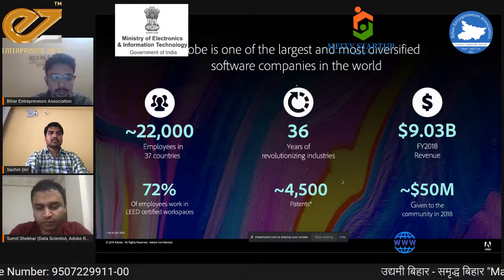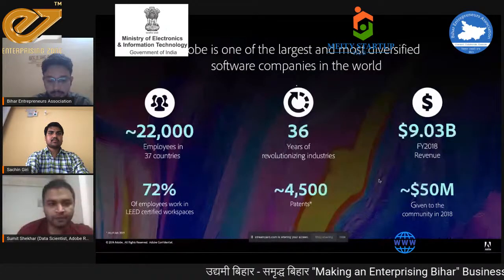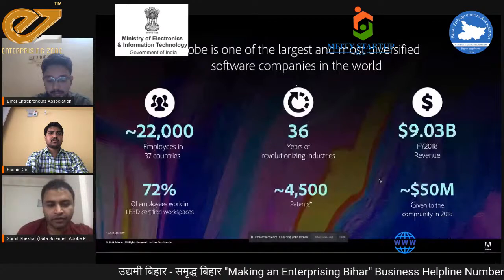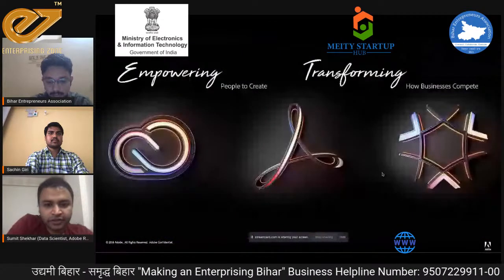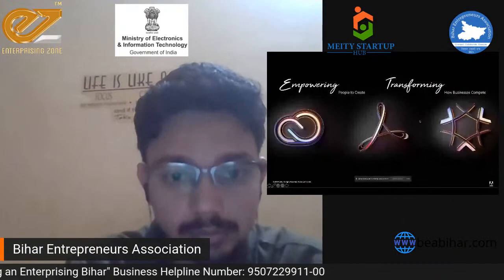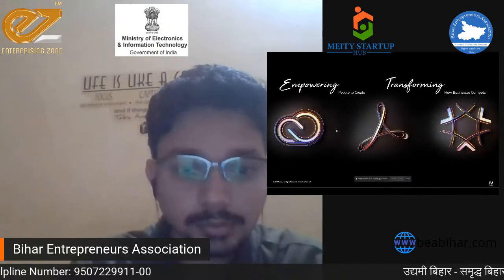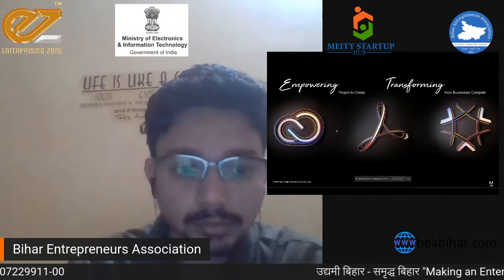Basically, what you're seeing here are three icons. The first icon is called the Creative Cloud. Adobe is now a cloud company, so everything is on the cloud, and there are three cloud offerings from Adobe right now.